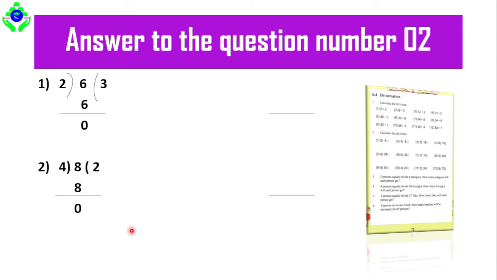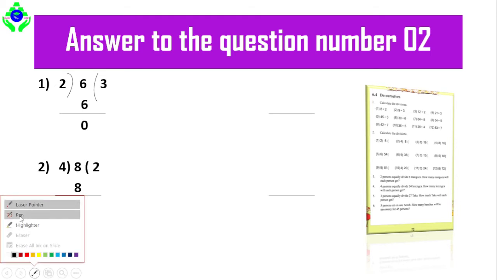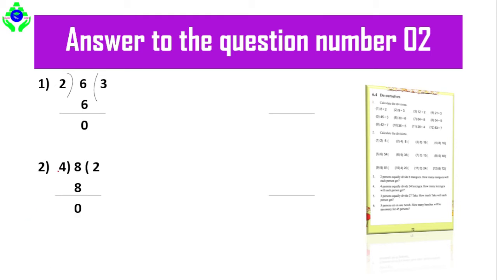The question is 4 divided by 8 is equal to what? It's also very easy. Like the first one, you should think that if we multiply this 4 with this 2, 4 into 2 is equal to 8, and that's why we write an 8 here.